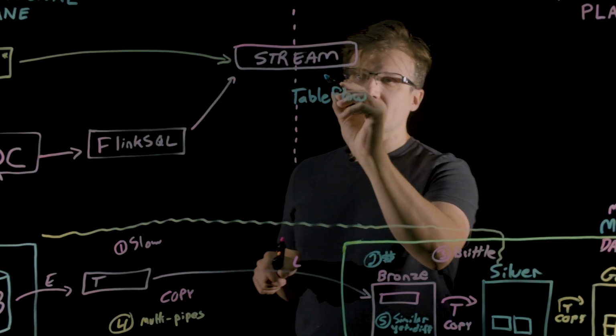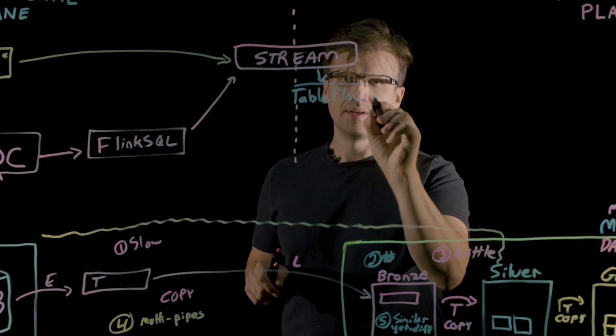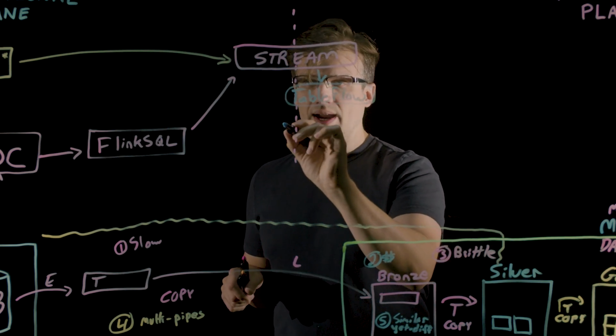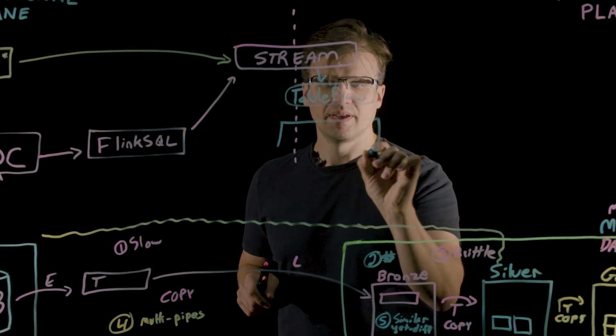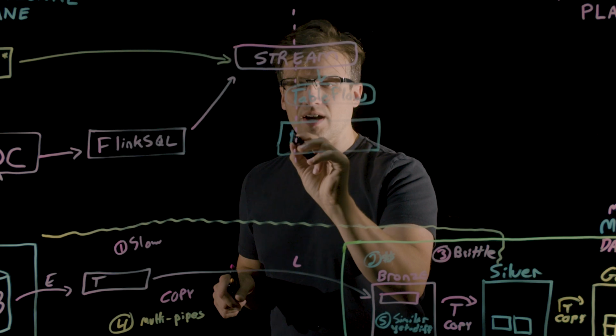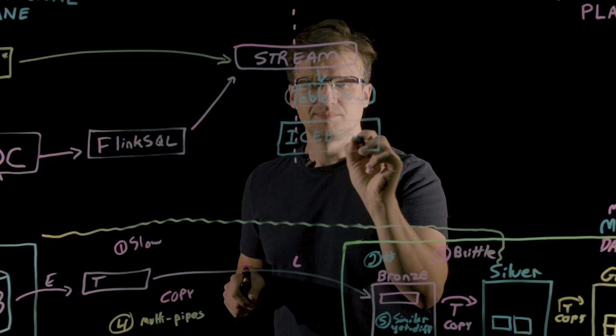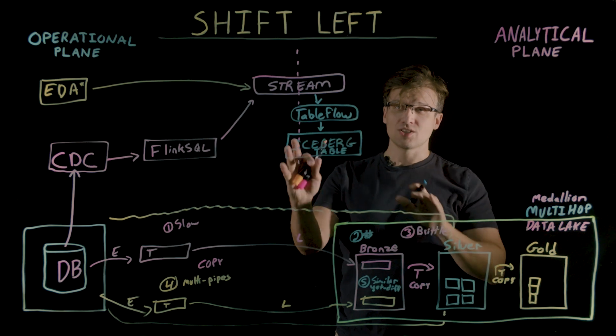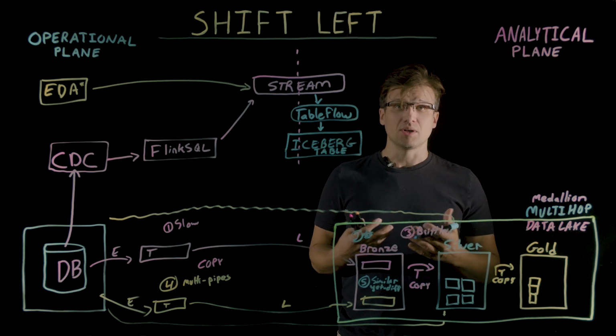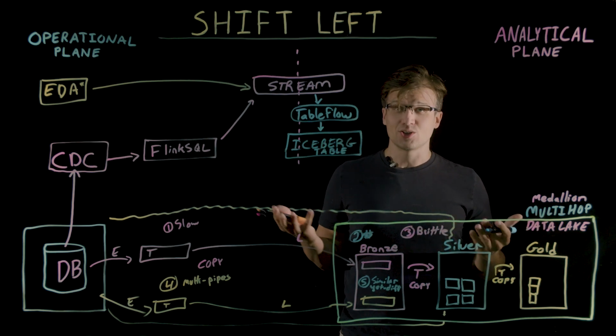Tableflow automatically converts your stream into a table. In this case, an Apache Iceberg table. Anything you write to the stream is automatically appended to the Iceberg table. So you get that table representation for free.